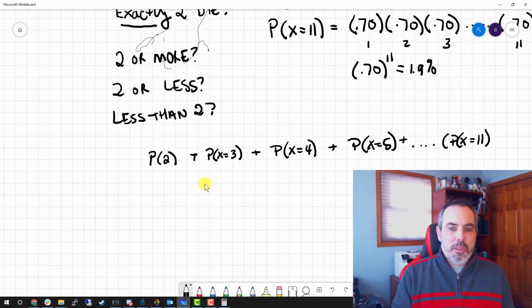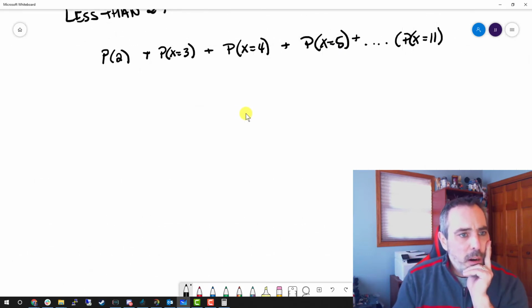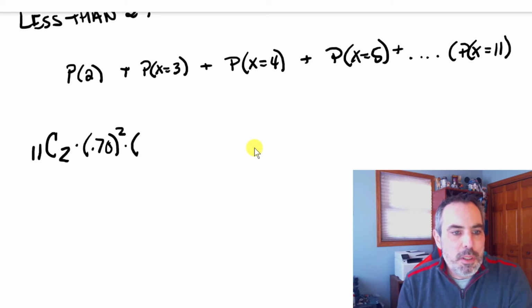Let me show you without actually crunching the numbers. I would have to say, all right, probability that x equals 2. Well, there's 11 things. I'm taking 2 of them at a time. I want the probability that 2 of them die, times the probability that 9 of them live.